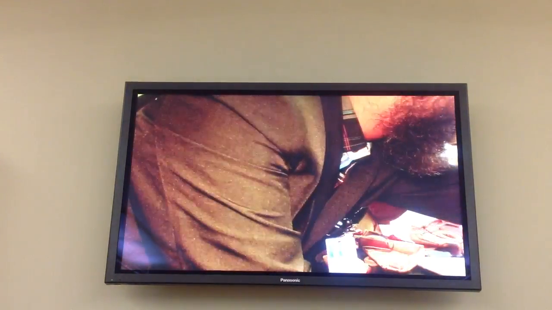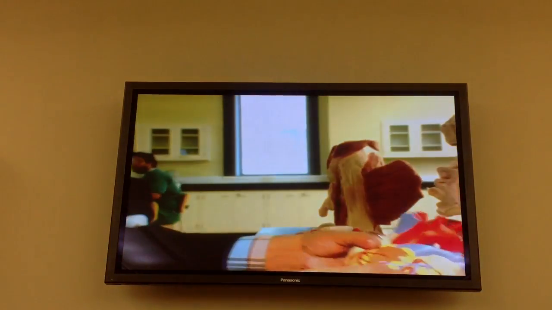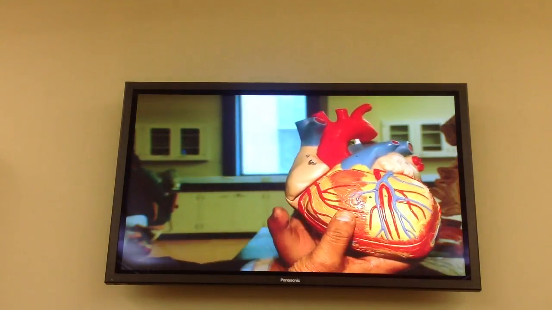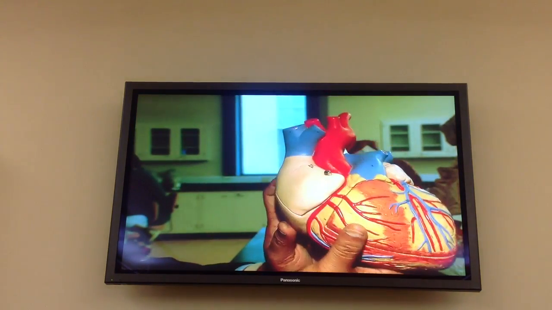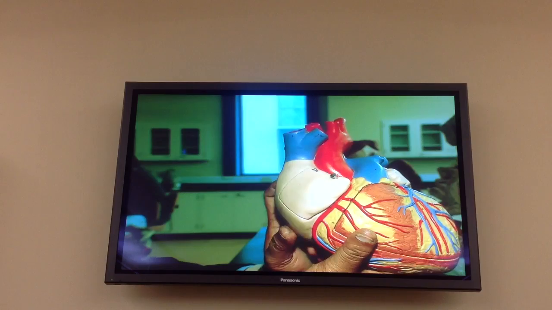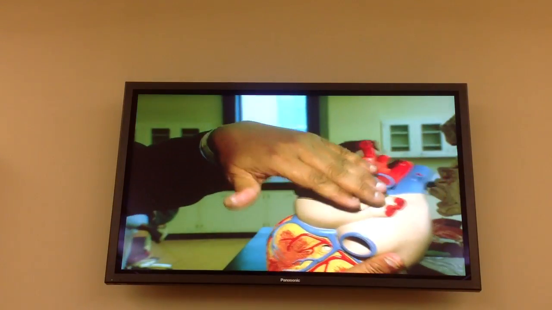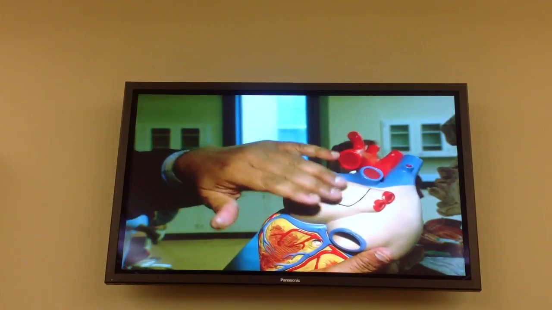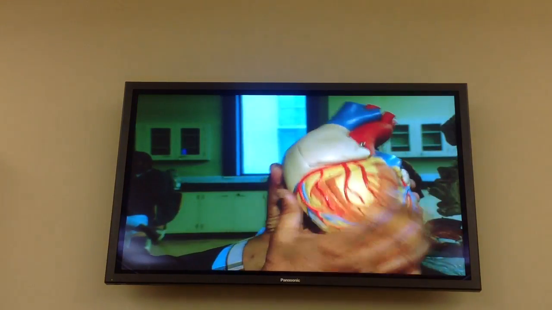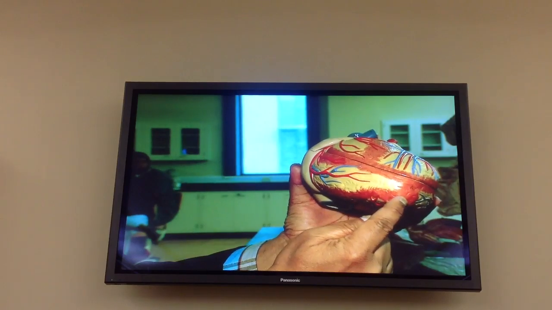Now, this is heart. Okay? It has got a base. This is the base of the heart. And this is the apex of the heart.